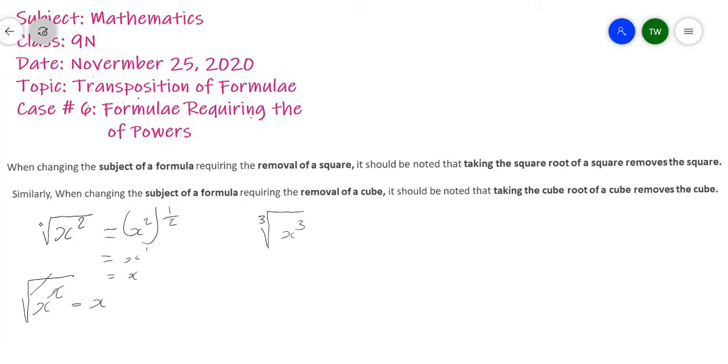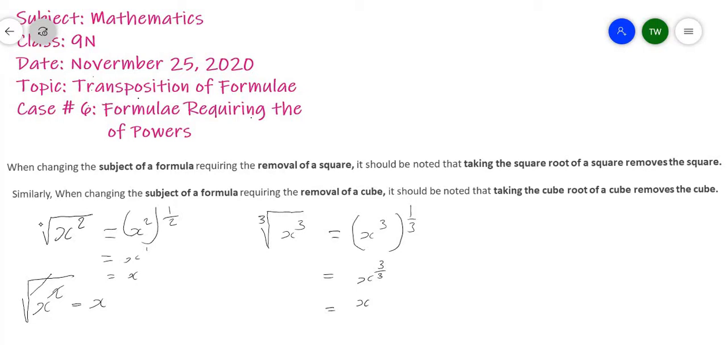By applying indices, we can rewrite this problem as x raised to the 3rd power, all raised to the power of 1/3. Apply the power to power rule. If we take 3 to multiply 1/3, that gives us x raised to the power of 3/3, which simplifies to x to the power of 1, or just x.